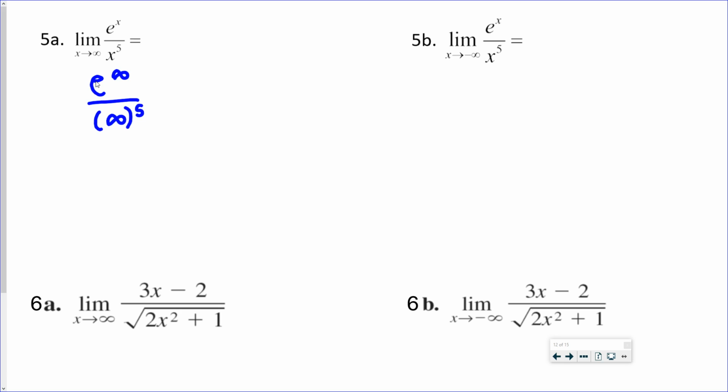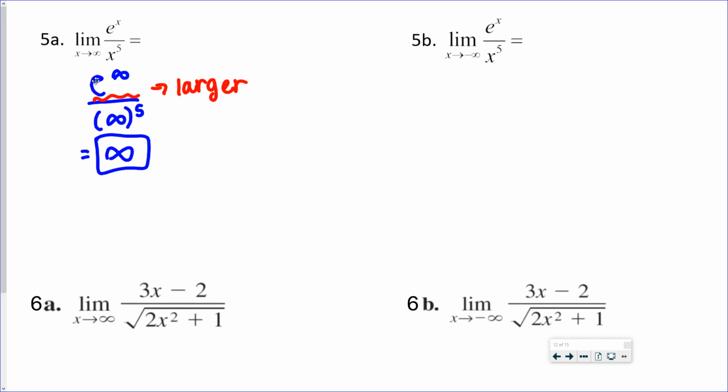And again, we just talked about this, that exponential growth is actually going to be larger. So that dominates the function here. And this is going to be smaller, so this is just going to go off to infinity. Okay, does that make sense? So when you have that setup, you just have to decide which one's going to dominate.